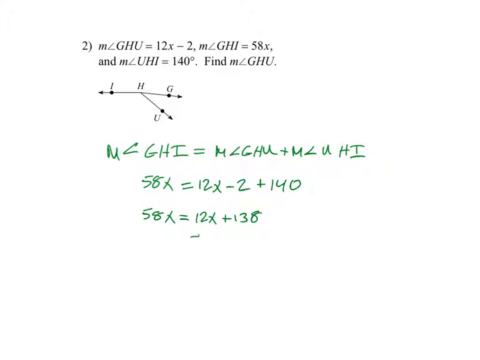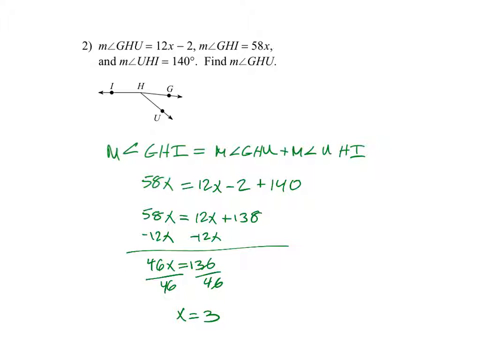I subtract 12x on both sides, so this is 46x equals 138. I divide by 46 on both sides, 138 divided by 46, so x equals 3. Let me fix something here, this is an 8. Perfect. Now I want to find angle GHU. Angle GHU is 12x minus 2, so 12 times 3 minus 2. 36 minus 2 equals 34 degrees.